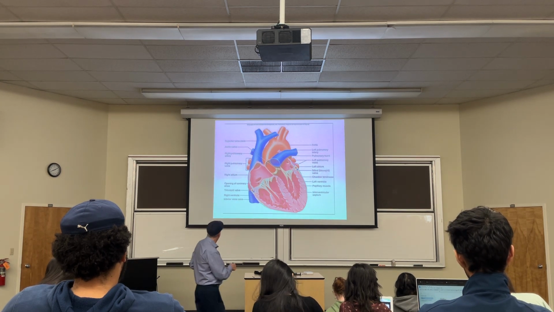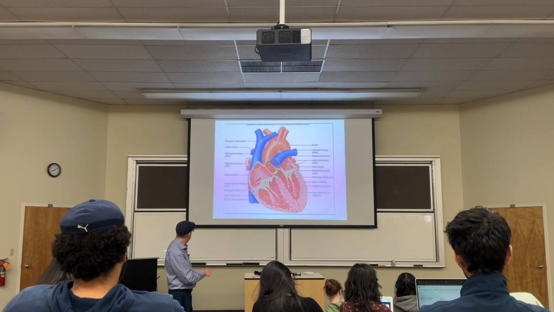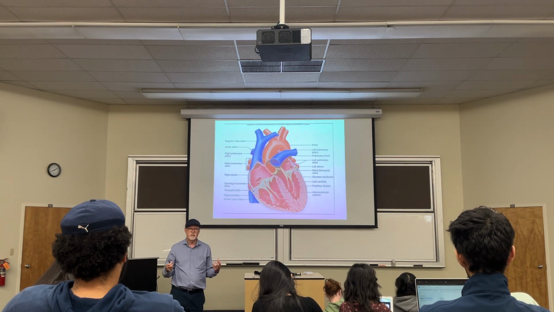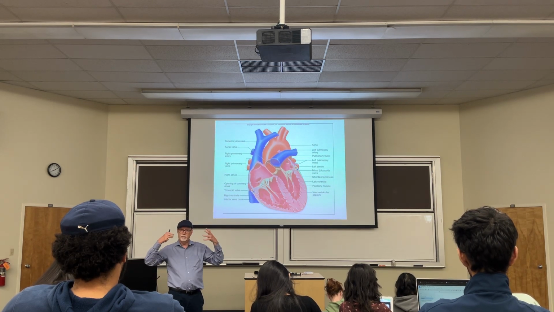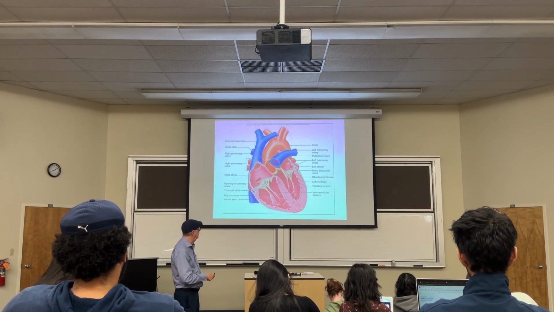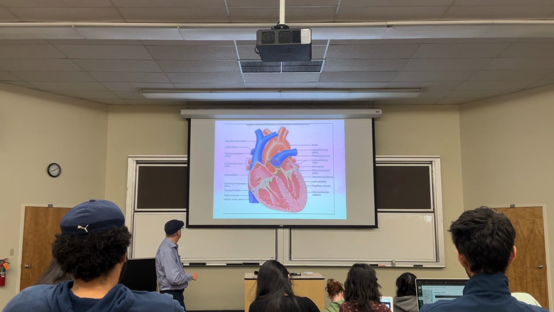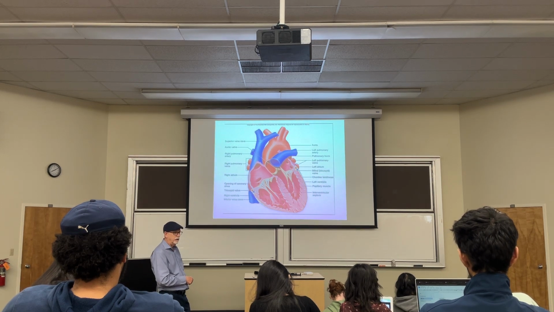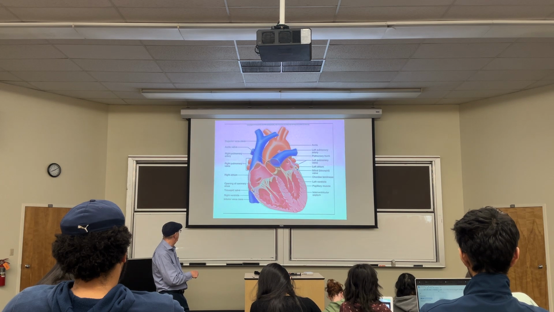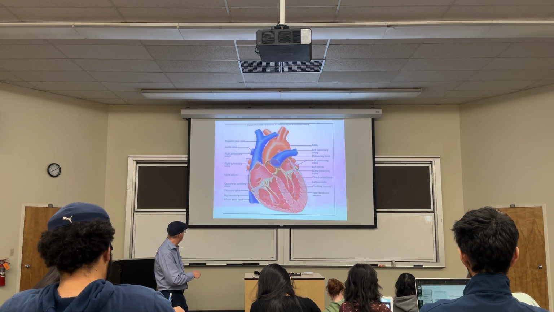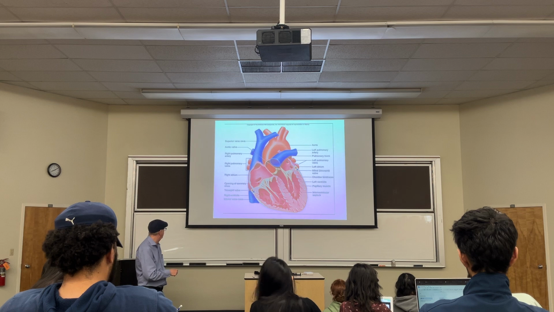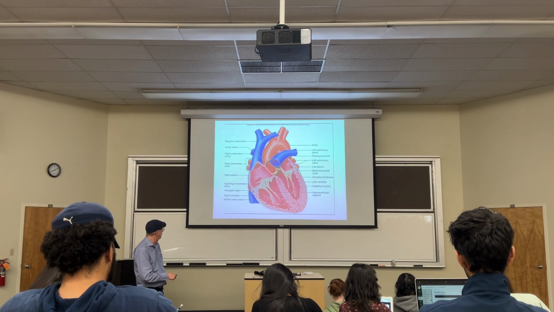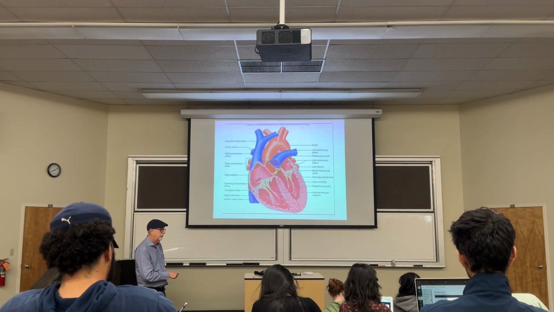Blood's coming in to the right atrium from the systemic circuit, from most of the body. It comes in primarily through the superior and inferior vena cava and the cardiac vein carrying blood from the heart itself. And it goes into the right atrium. Then it goes through the tricuspid AV valve into the right ventricle.